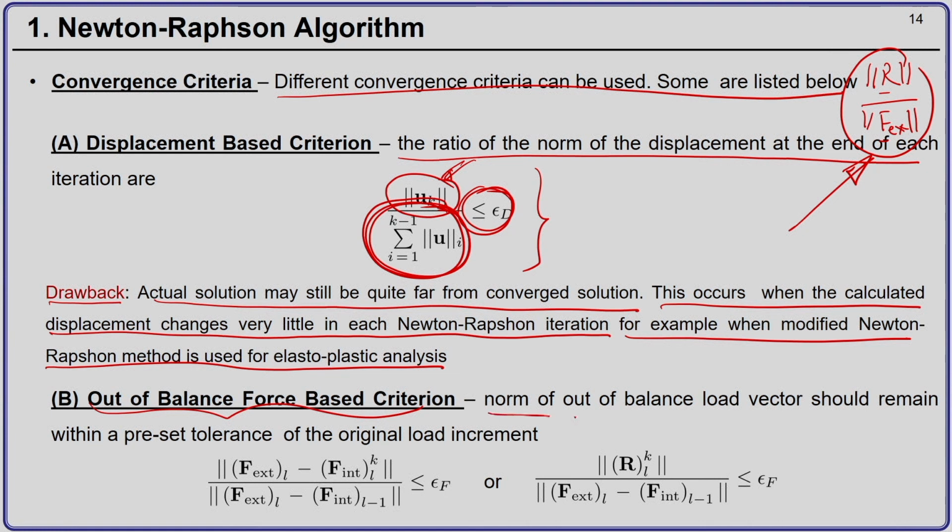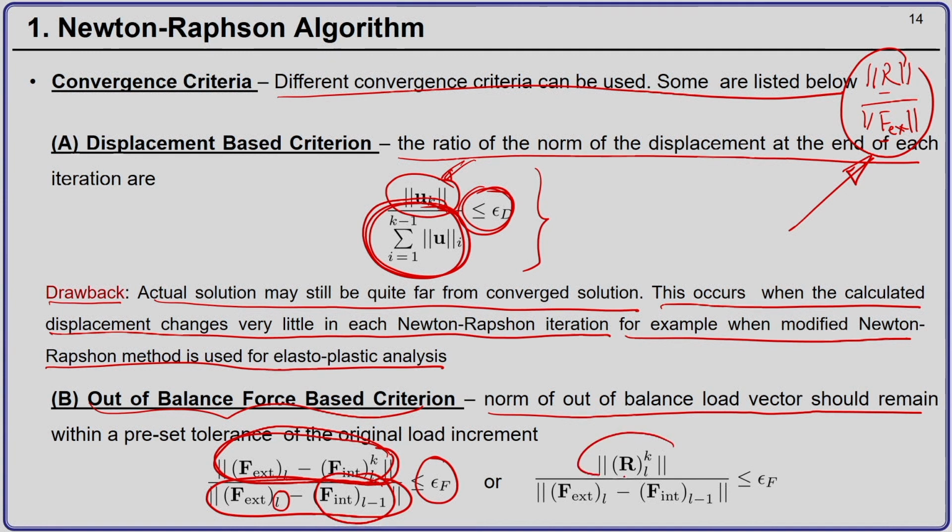We compare the norm of the out of balance load vector till the current Newton-Raphson iteration step, and we check that the norm of this out of balance force vector, normalized by the difference in the external load evaluated at load step L and the internal load evaluated at load step L minus 1, should be less than epsilon f, where epsilon f is the convergence criterion.